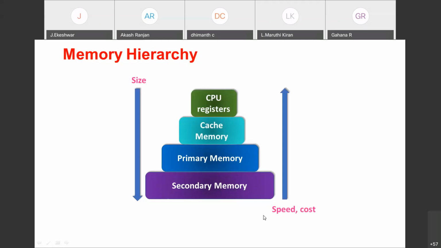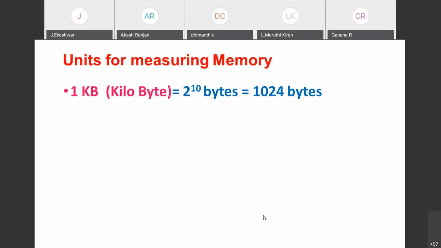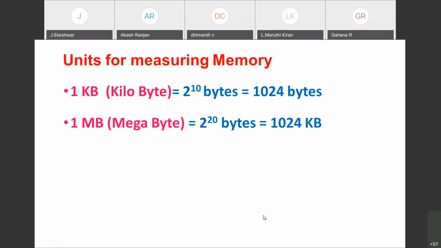Okay. Coming to the units for measuring the memory. These are the standard units which we can use. 1 KB, which stands for 1 kilobyte, constitutes 2 to the power of 10 bytes, that is nothing but 1024 bytes. 1 MB, which stands for 1 megabyte, constitutes 2 to the power of 20 bytes.